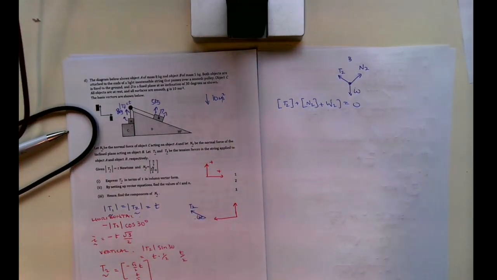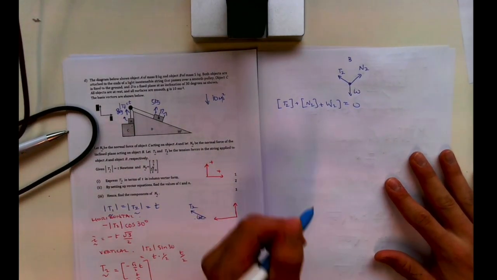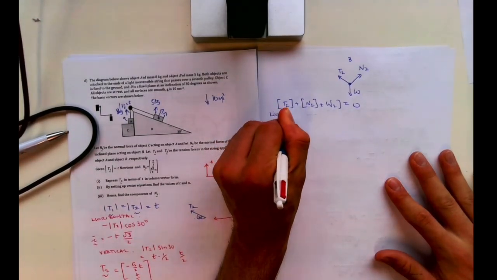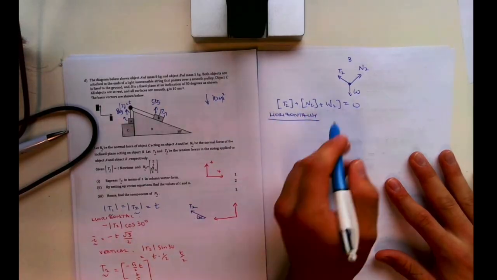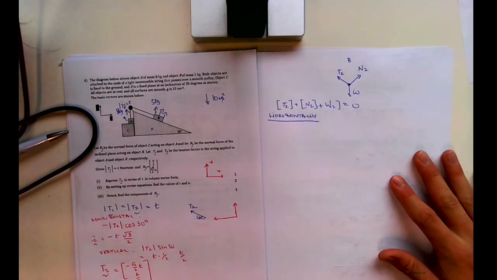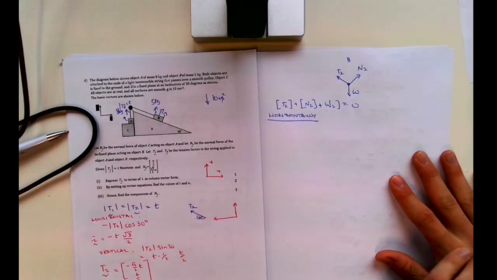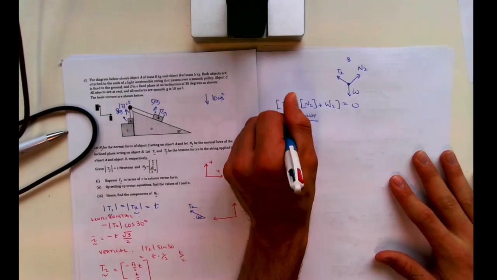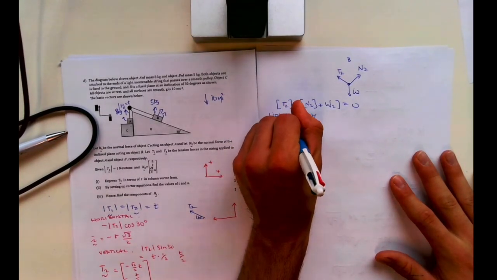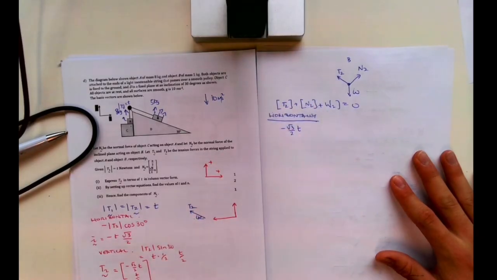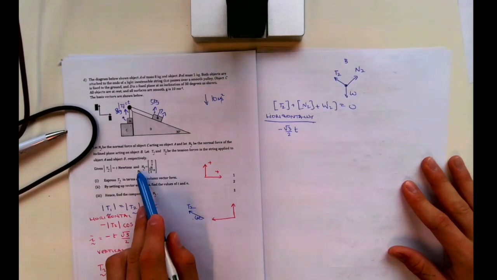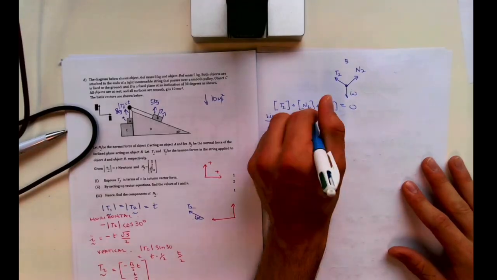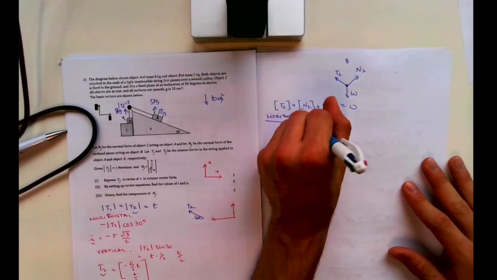Now, to solve this, we're going to split it into horizontal and vertical components. So let's start horizontally. So we're going to split each of these into its components. We said before that horizontally, this is the T2, minus root 3 over 2 T. From the question, they've defined the normal force at B horizontally to be N over 2.